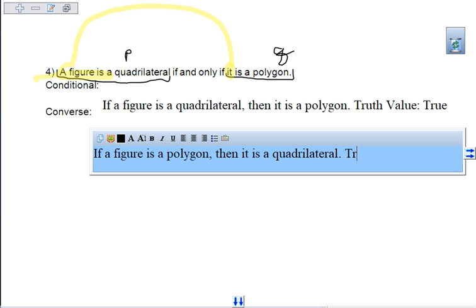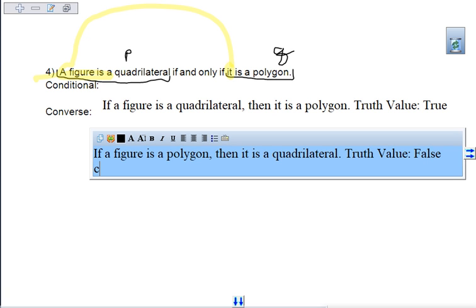And what would our truth value be for that statement? So what else can be called a polygon? Yeah, a triangle can be a polygon. So this is false, and our counterexample can be a triangle.